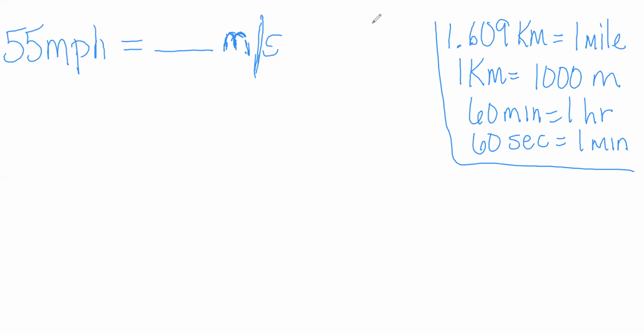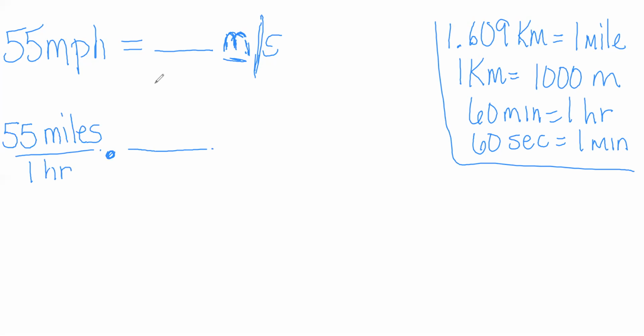Okay, hopefully you paused it and tried it yourself. So what do we start with? We start with what's given. We are given 55 miles in 1 hour. And we're trying to go to meters per second, but let's go with the length units first.